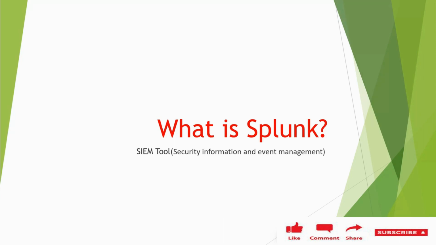Examples of errors are if any server goes down, or an application is not running, or any storage error. If any error comes, then Splunk sends a notification to the administrator or the user. On Splunk, we can create multiple graphs and dashboards to see if any alert is there or not.